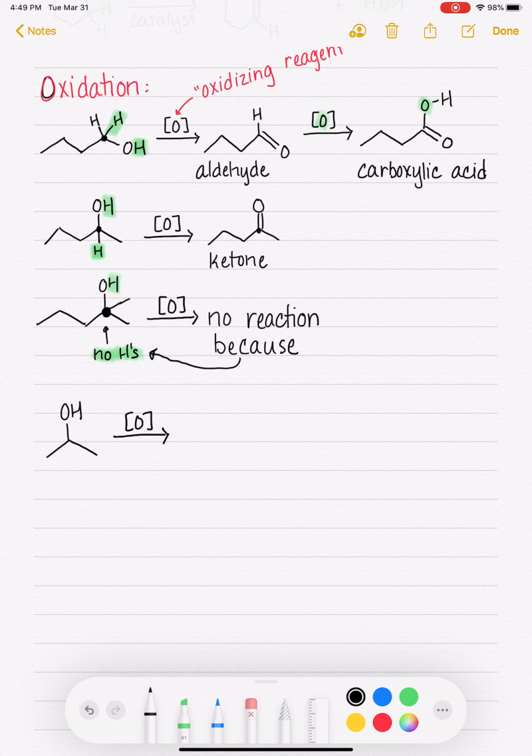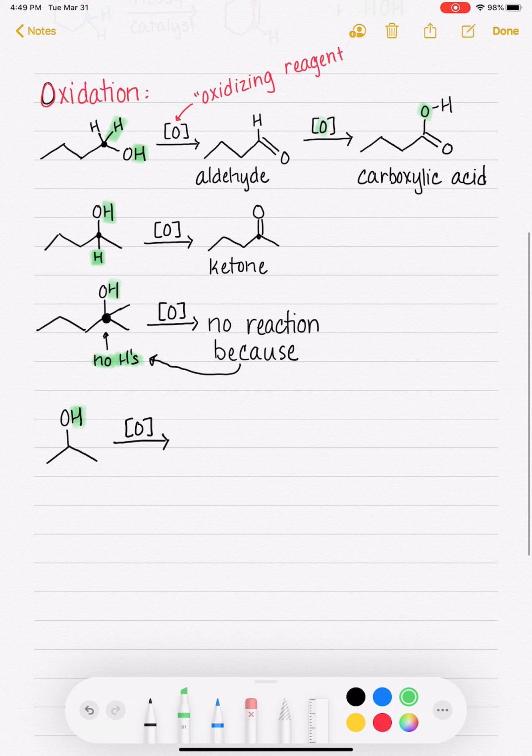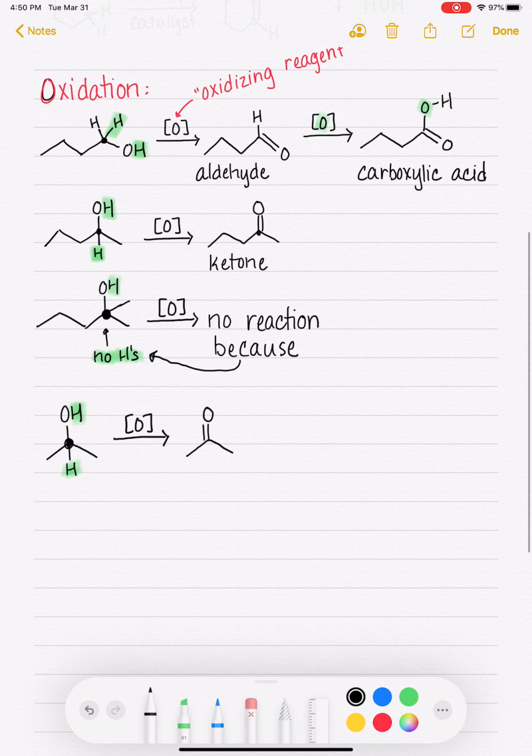First of all, I'm going to find our OH group and highlight its hydrogen, because we know that hydrogen is going to go away. Now we need to focus on the carbon that's attached to the OH group and make sure that carbon has at least one hydrogen on it, which it does. It has only one. Let's highlight that hydrogen because it's going to go away as well. Redraw the molecule without the hydrogens that have been highlighted in green, because they're gone, and make a carbon-oxygen double bond. So there's your product.